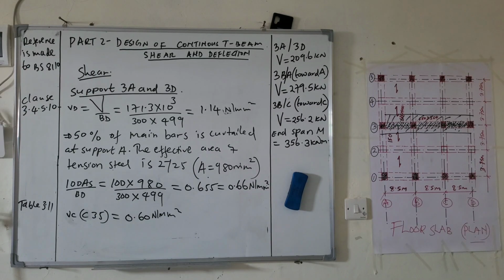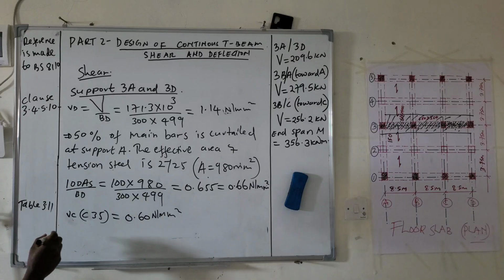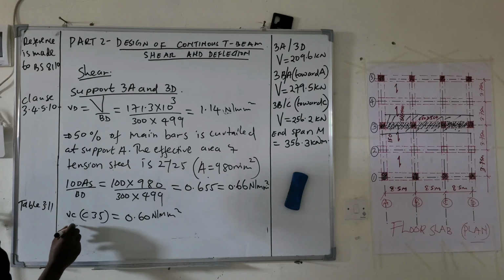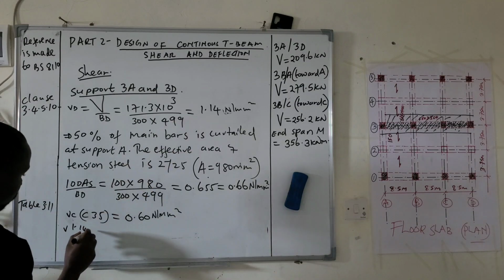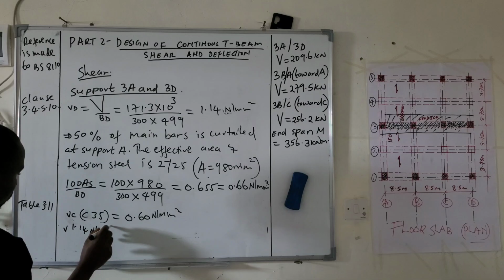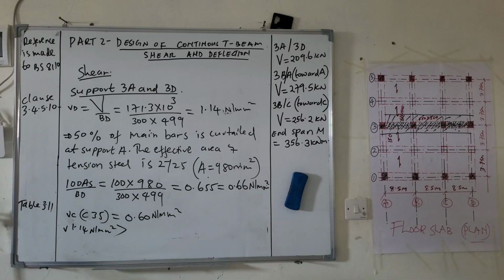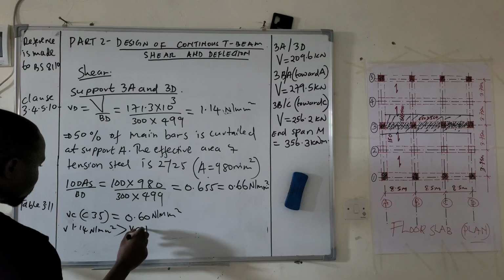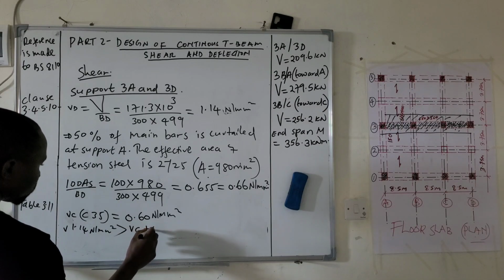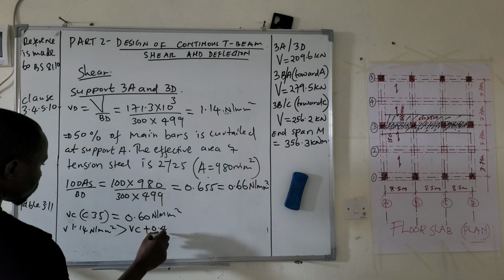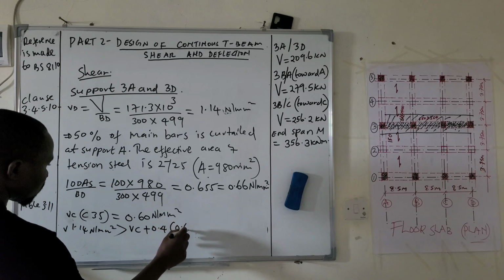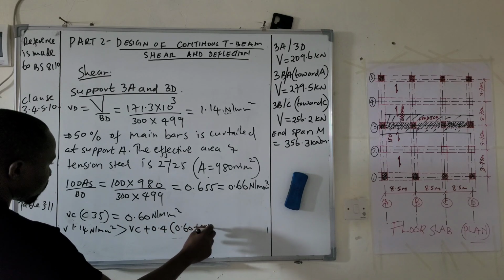Now, since V, which is 1.14 Newton per millimeter square, is greater than VC, which is 0.6 plus 0.4. So this is 0.60 plus 0.4.